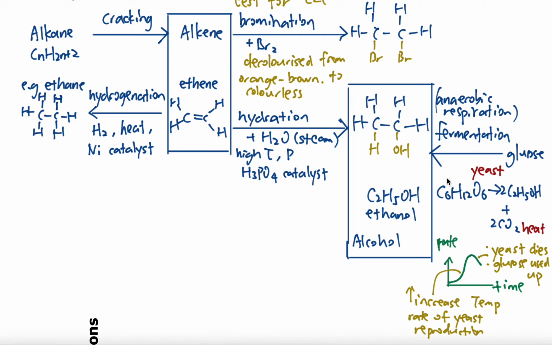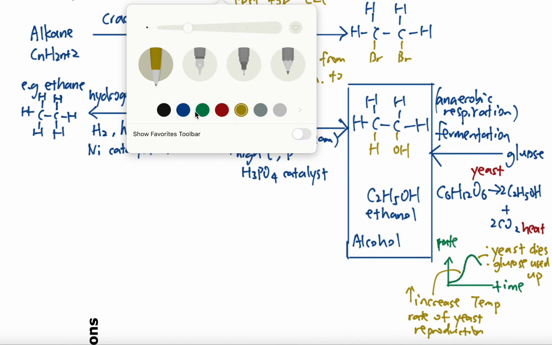The last reaction that we look at involves carboxylic acid. How can we get ethanol to carboxylic acid? It involves oxidation.